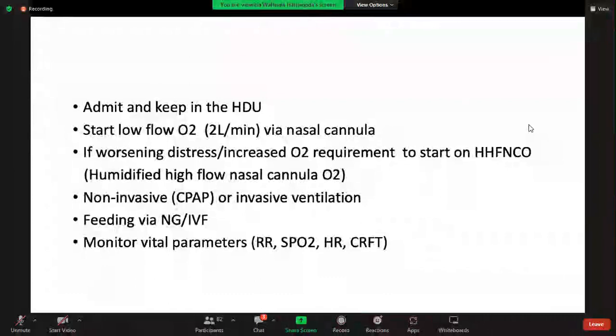So yes, you can prop up the child. That will help to breathe. So that's how you should be talking about management. You have to address each step, including the monitoring, giving oxygen, feeding, counseling, admitting, and so on. Everything should be included. Right. Any questions?